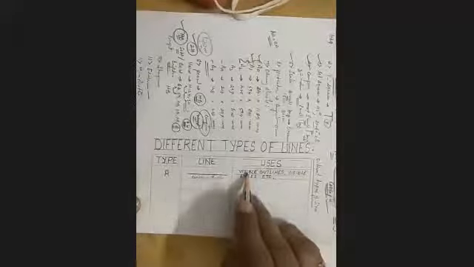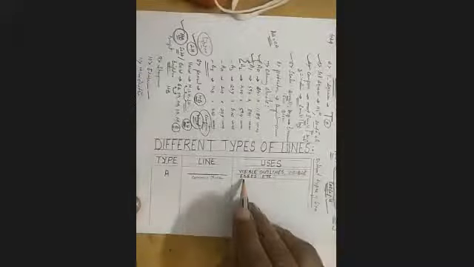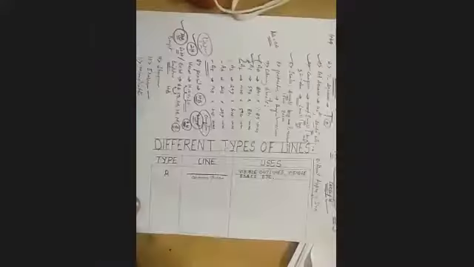And where are we using it? We are using it for visible outlines, visible edges, because in the last class, before concluding, what I told: engineering drawing is a universal language of engineers. Can you remember?